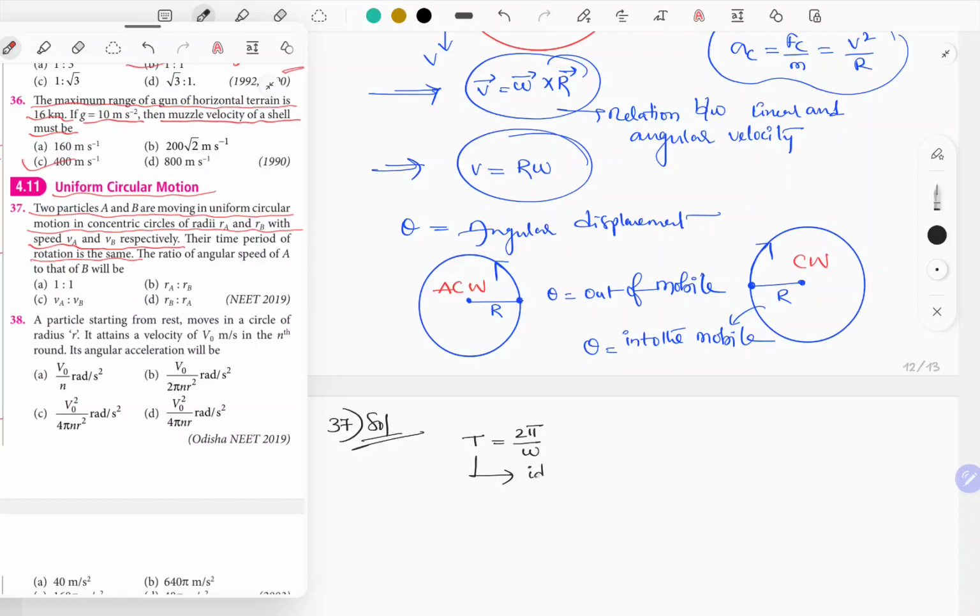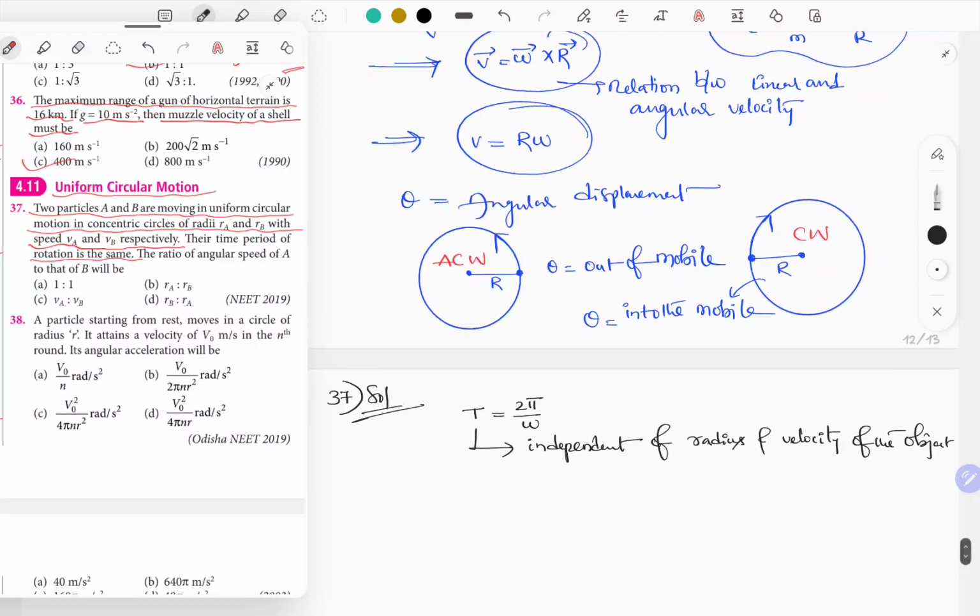So it is independent of the radius and velocity of the object. It depends only on angular velocity.